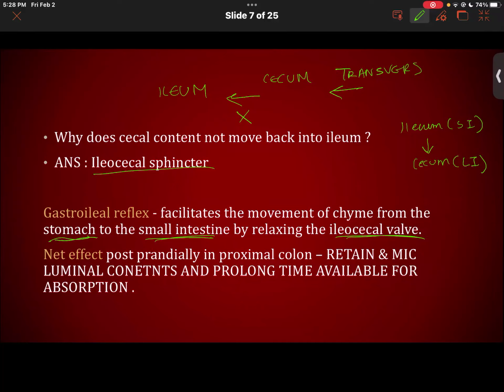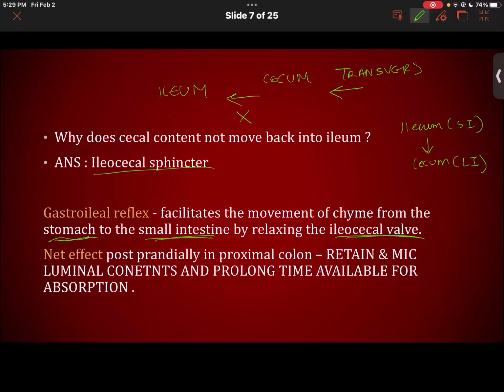So when the ileocecal valve relaxes, it allows for the movement of whatever chyme is present in the small intestine into the large intestine. And this frees up the small intestine. So now, since the chyme has moved, the small intestine is empty. And because of this, the stomach can send further stuff into the small intestine because it's empty now.